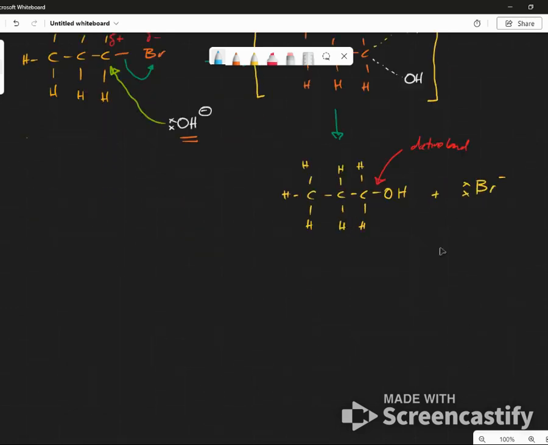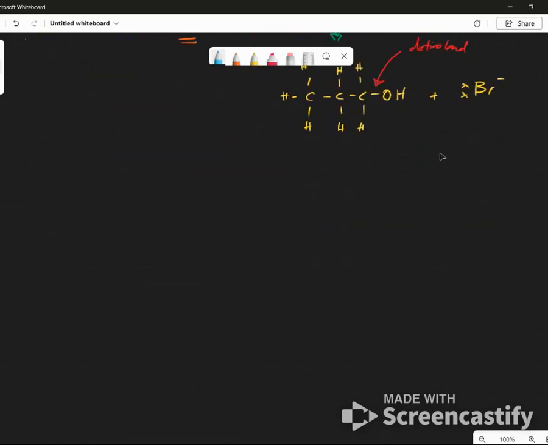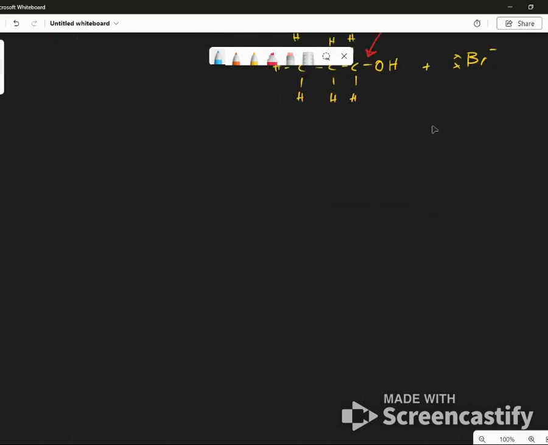Now let's move this up. I'm going to show some stereochemistry here. So now I've got my bromine here, and it is attached to my carbon. You remember this was a CH2, so this is an H, and that's an H, and this was C3H7.